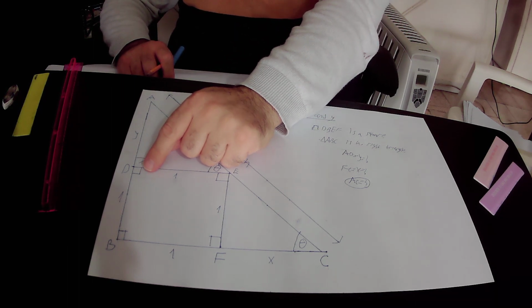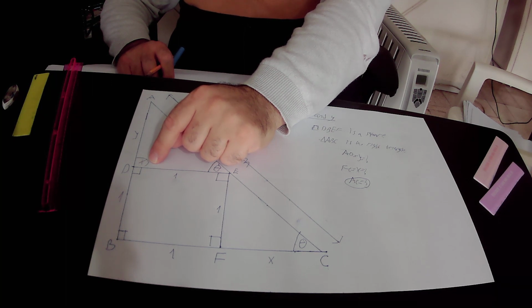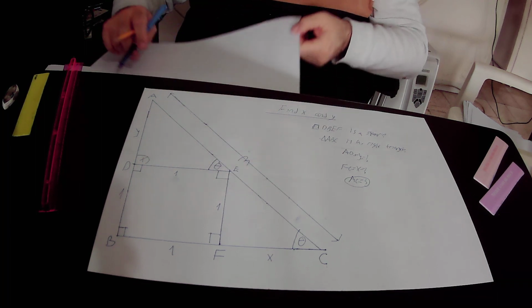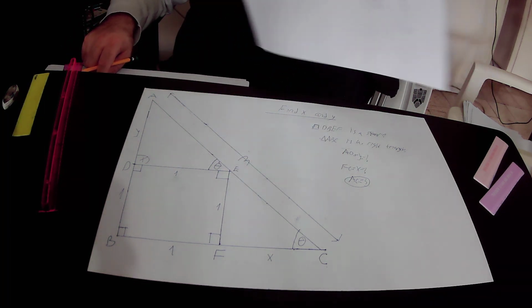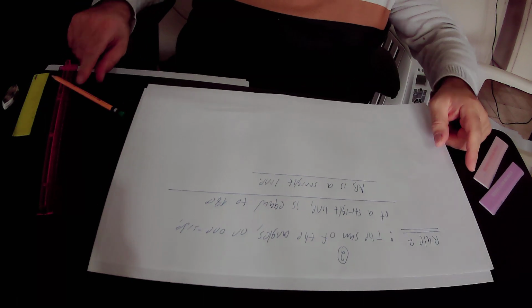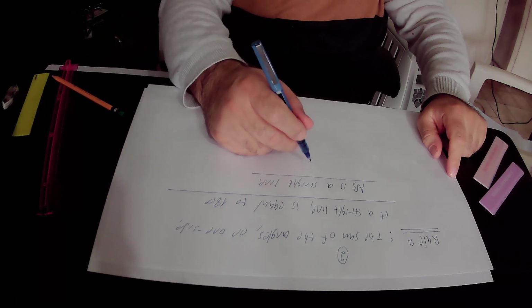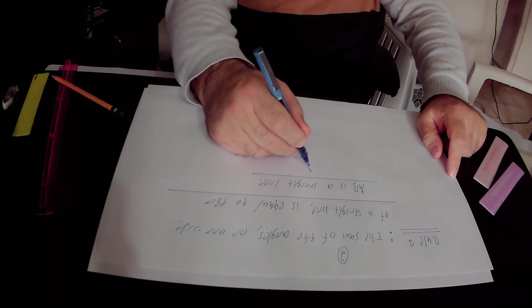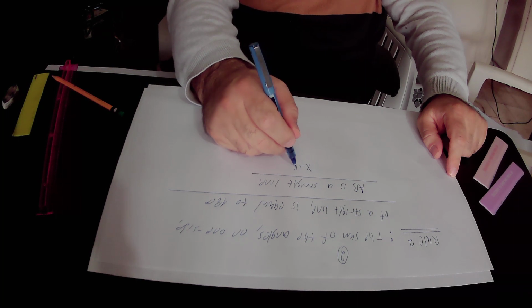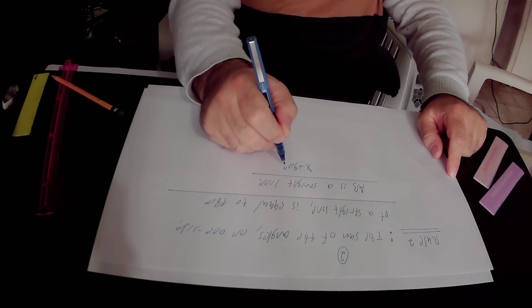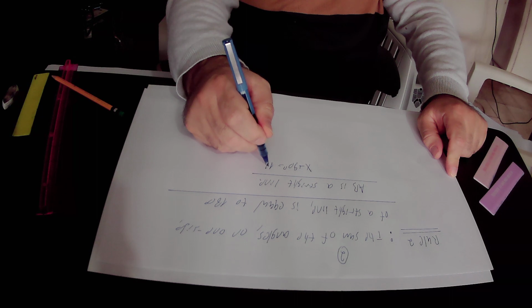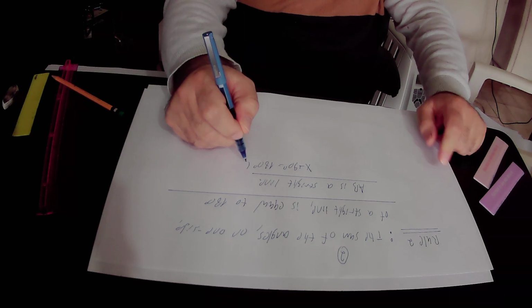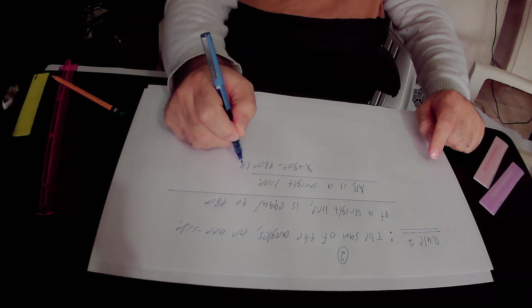We have here 90 degrees plus angle X, and the sum of those two angles must be equal to 180 degrees. I write it down: X plus 90 degrees. In total, the sum of those two angles must be equal to 180 degrees according to rule number 2.